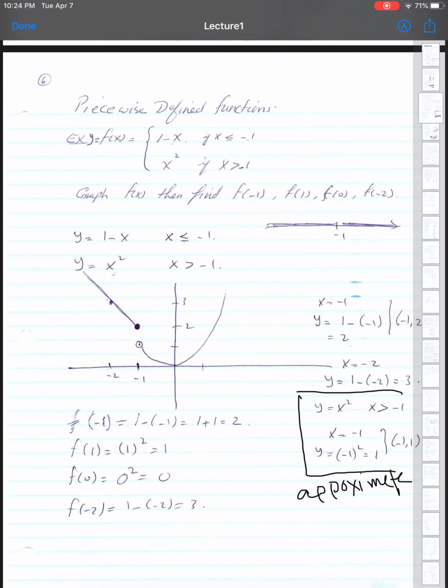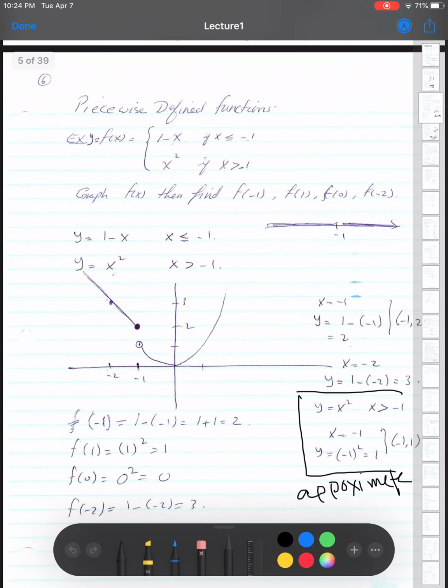Like I explained in the previous lecture, if you have a clear circle, it means it's not included in the domain. If you have a filled circle, it means it's included in the domain. That's why this one is just greater than negative 1, and this is less than or equal to negative 1.